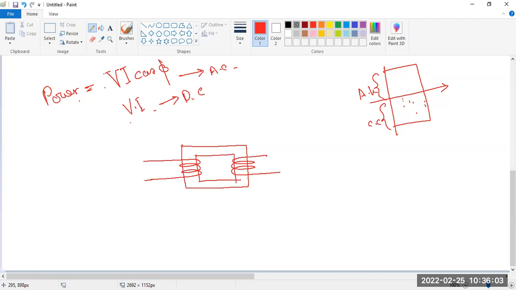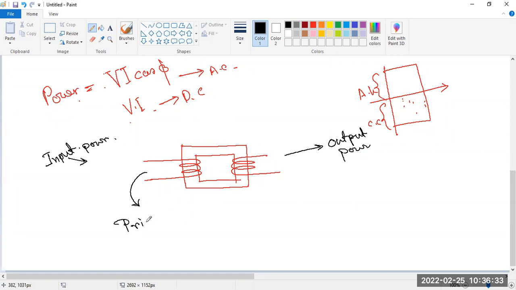Whenever we give input power here, and draw output power with an arrow. The portion where we give the input power is called the primary section, and the section used for drawing the power is called the secondary section.